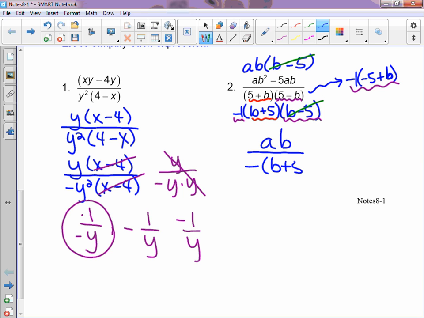You can just leave that negative out front. That's perfectly fine. You don't need to multiply that back through. Again, just like down here, if you're on a standardized test, it's probably going to be more like this. The negative's probably going to be out front, in the middle there. Okay, any questions?